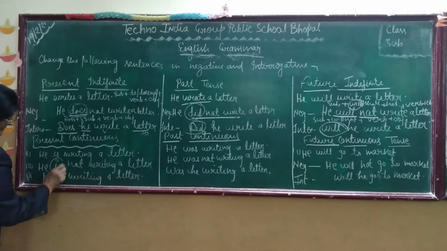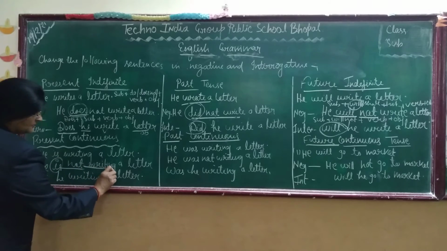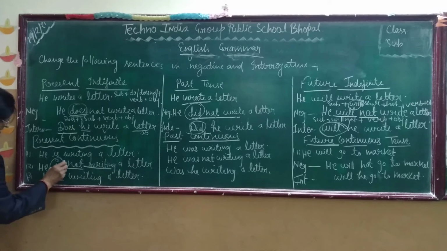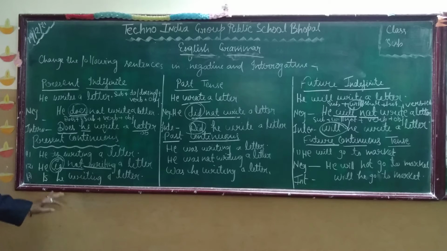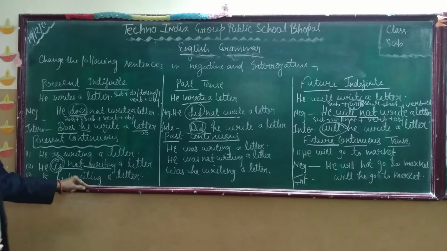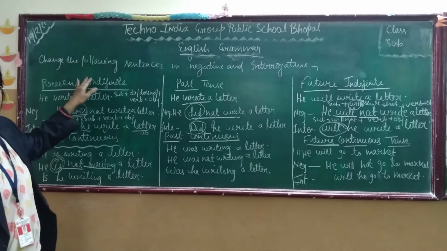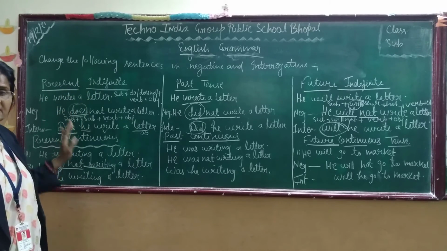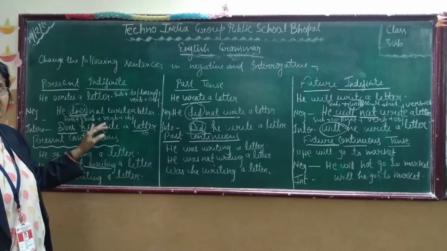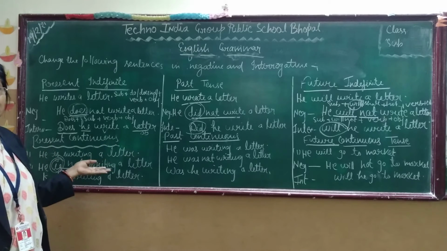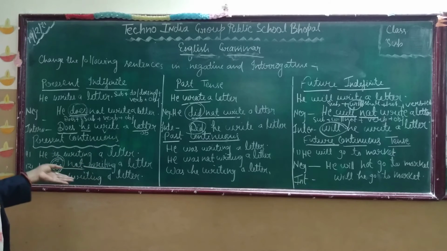Here this is a helping verb, this is a verb, and there we use ing. And in the interrogative sentences, this will be used in the beginning. Is he writing a letter? क्या वह लेटर लिख रहा है, मतलब कंटिन्यूअसली वर्क कर रहा है, अभी भी लिख रहा है. So always memorize this. In simple tense, we always use do not and does not to make a sentence interrogative and negative. And in present continuous tense, we always use is, are, am or not.